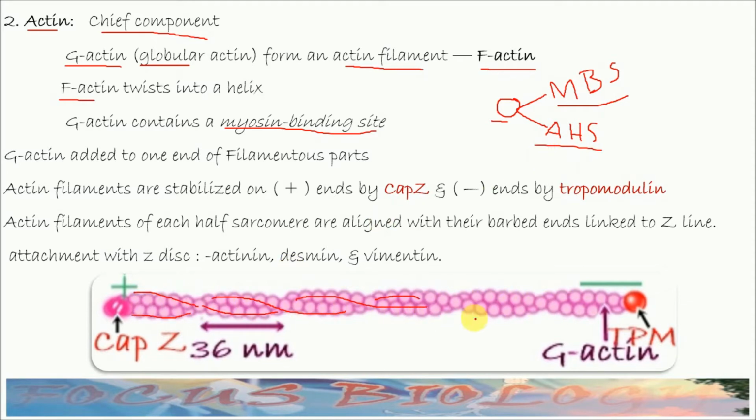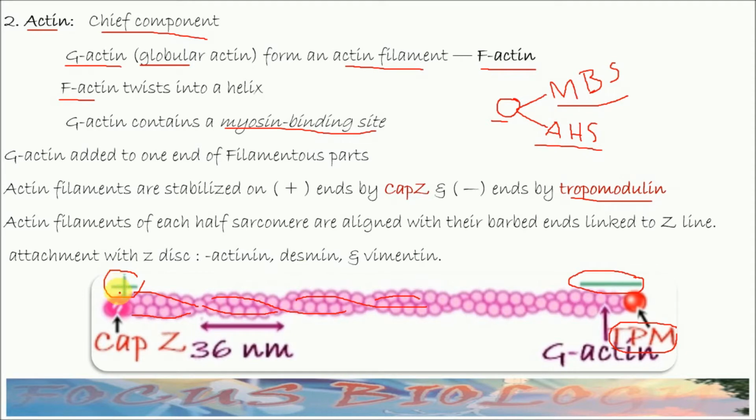Again, this thin filament has polarity. One is called plus end and another is called minus end. At minus end, TPM, this is called tropomodulin protein, is present. It stabilizes its structure.